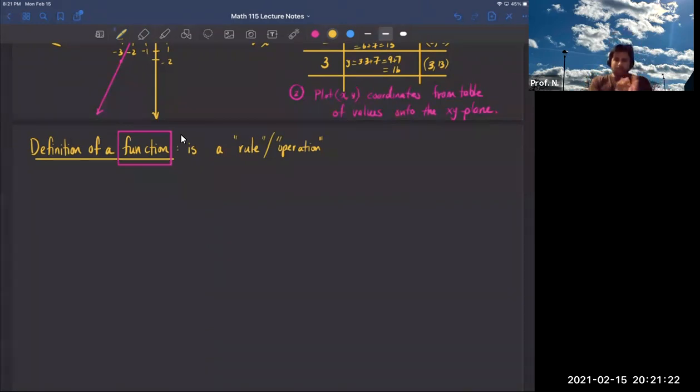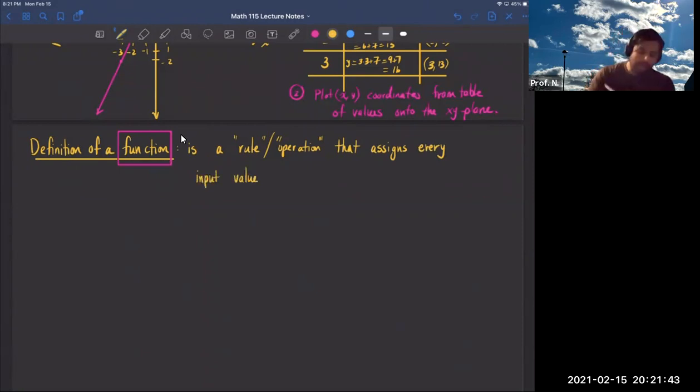So it's a mathematical operation that does what? That assigns every input value. So this is a very particular way to describe our value.